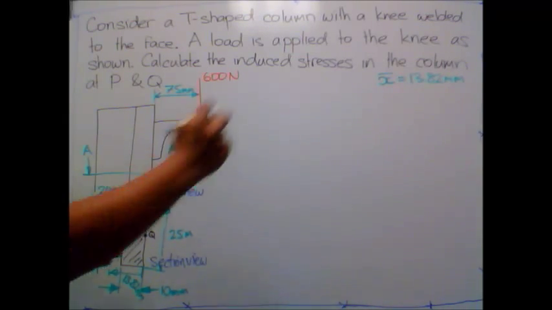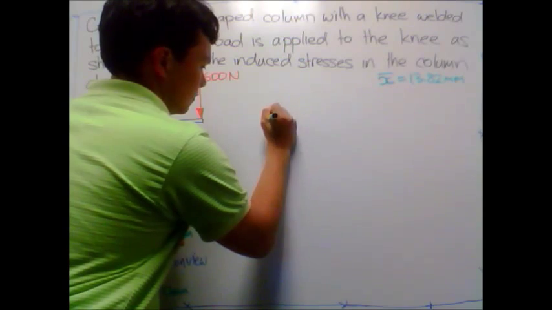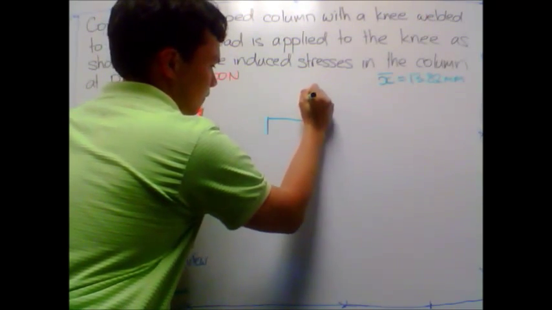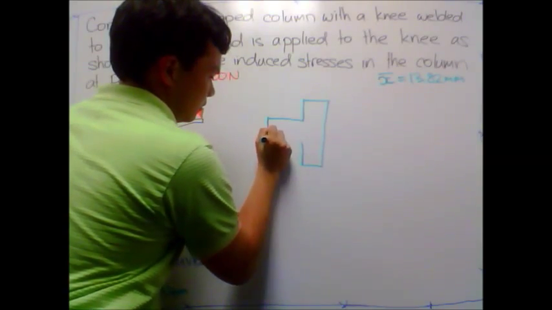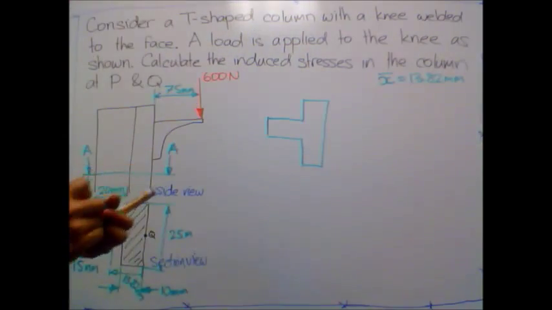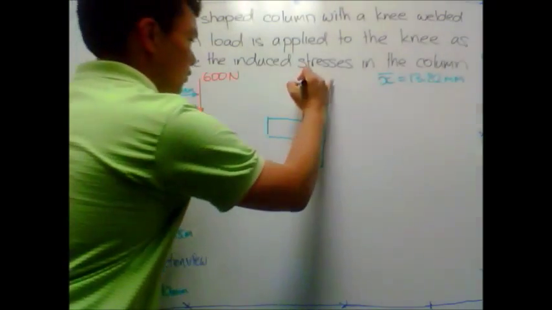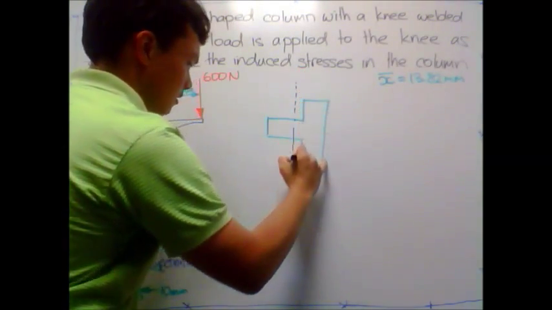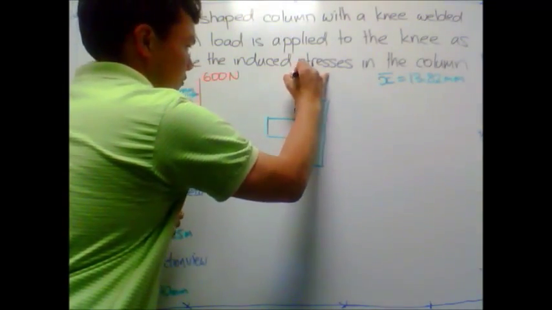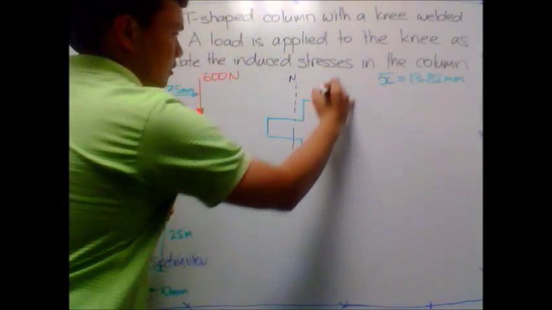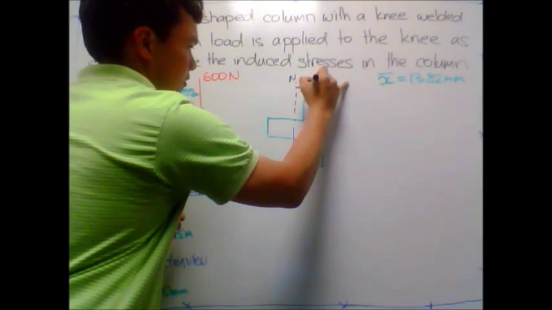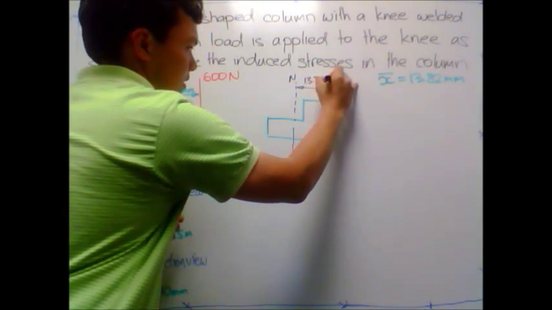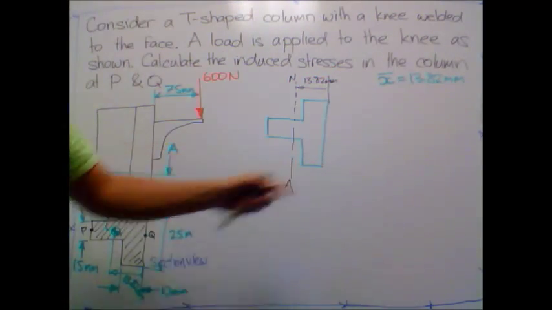So I can draw my shape and my neutral axis, located at 13.82 millimeters from that position.